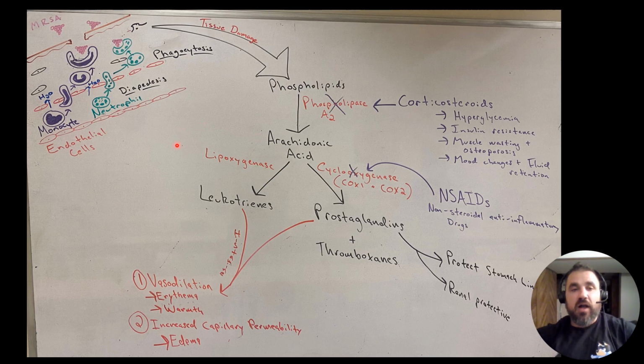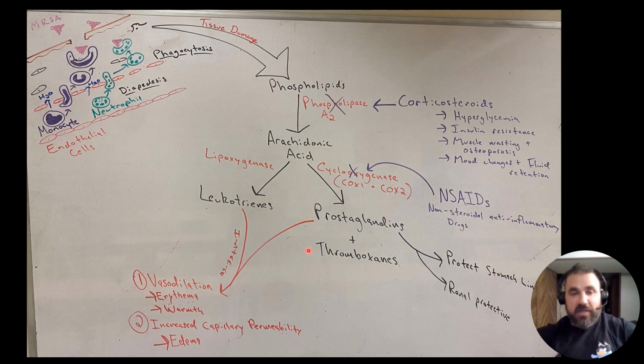One is the lipoxygenase pathway, where the lipoxygenase enzyme converts it into a group of chemicals called leukotrienes. The other is the cyclooxygenase pathway, controlled by the cyclooxygenase enzyme, of which there are two types, COX-1 and COX-2, and they form products called prostaglandins and thromboxanes.